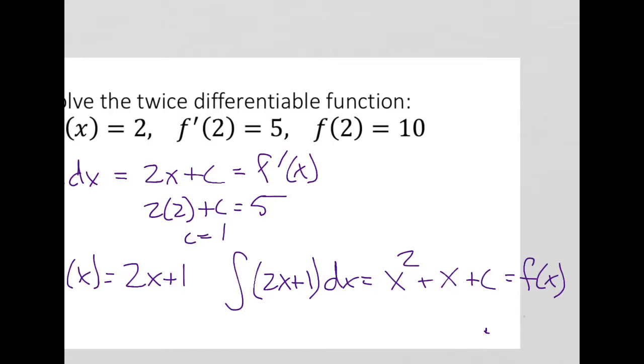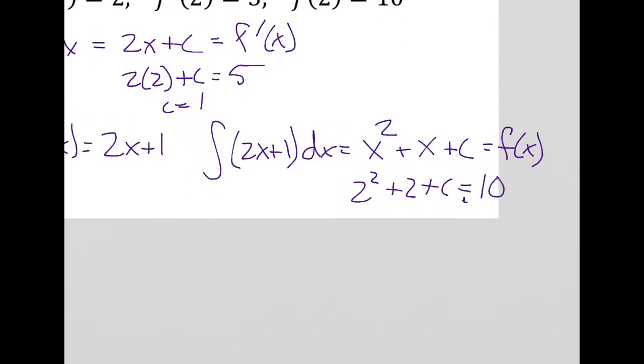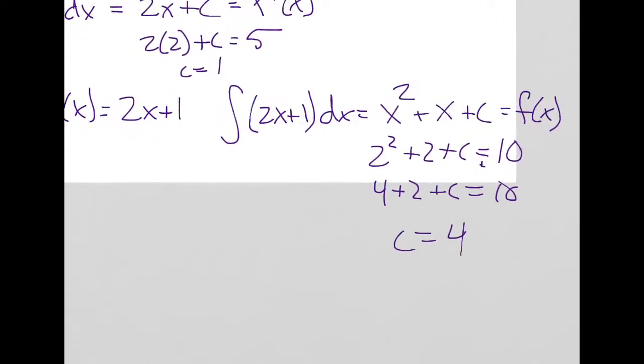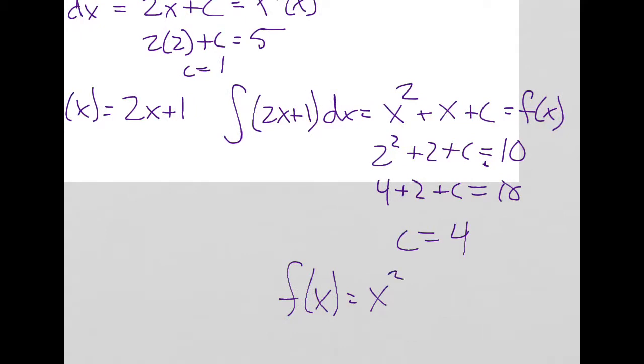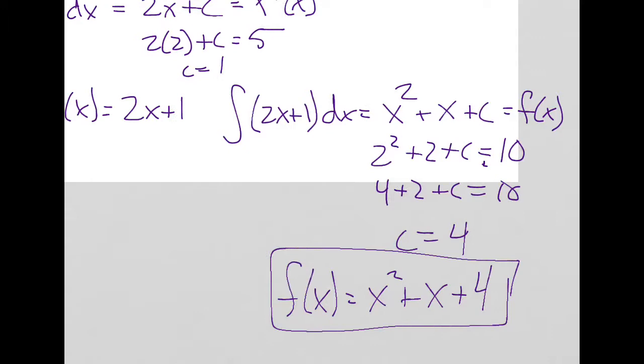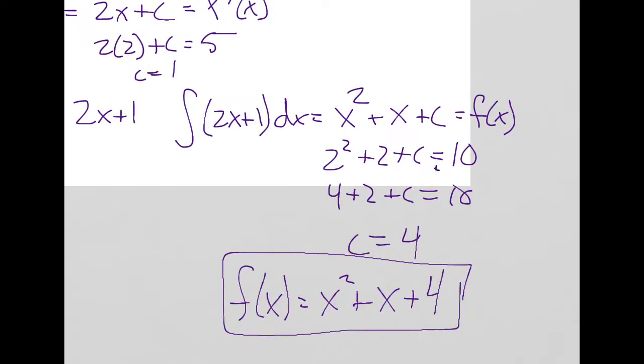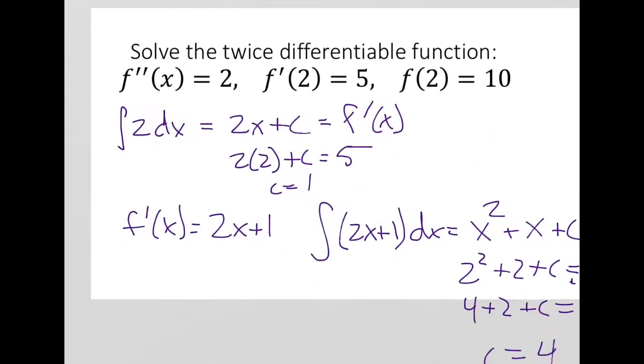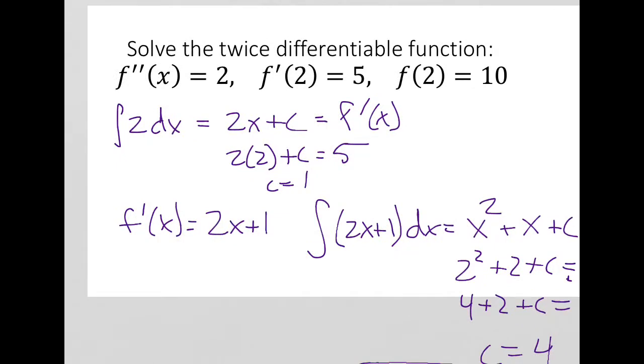So I need to plug in my x value of 2, and my y value of 10. 2 squared is 4, plus 2 plus c equals 10, so c has to equal 4, and so I know that f of x equals x squared plus x plus 4, and I have solved this twice differentiable function for the specific solution x squared plus x plus 4 using those initial conditions.